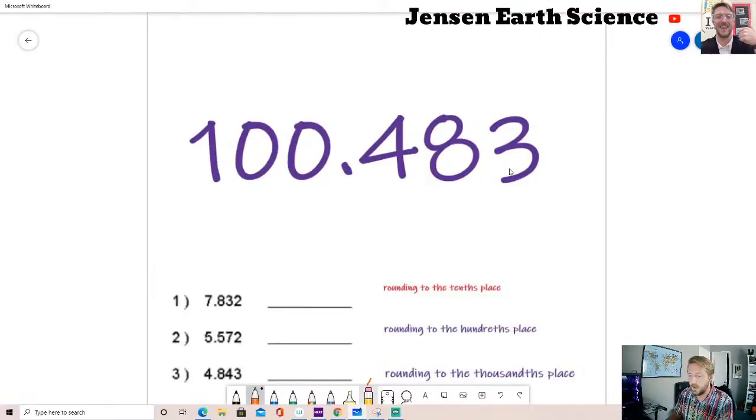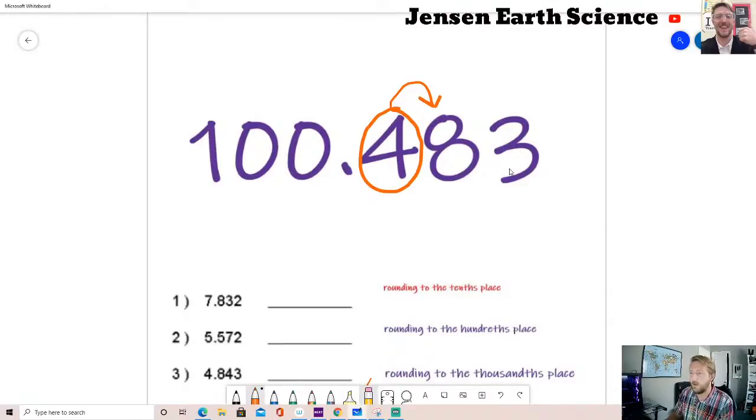So if a question says round to the nearest tenth, the first thing you want to do is find that number in the tenths place and circle it, maybe just to focus on it. The next thing you want to do is check the number to its right. In this case, it's an 8.